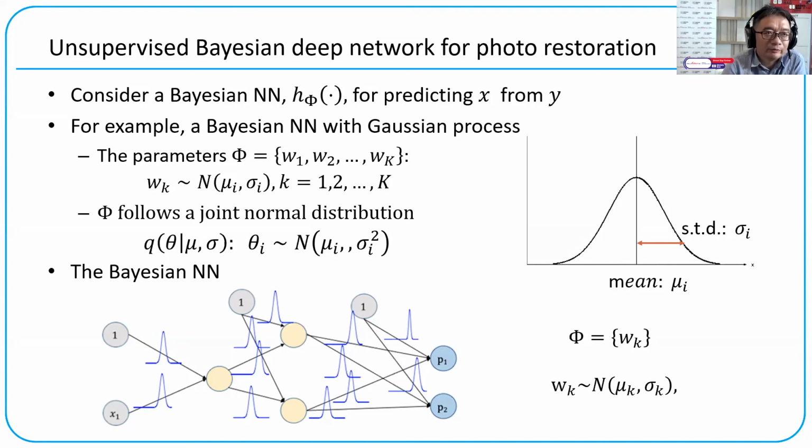A Gaussian variable follows a normal distribution, and you have two parameters to determine: its expectation, that is the center, and its variance or standard deviation, sigma. Sigma measures the uncertainty of this variable. Then I have a network where every weight is a Gaussian random variable. You combine them together and produce a very complex probability function, and hope that this probability function is a correct model to describe the data.